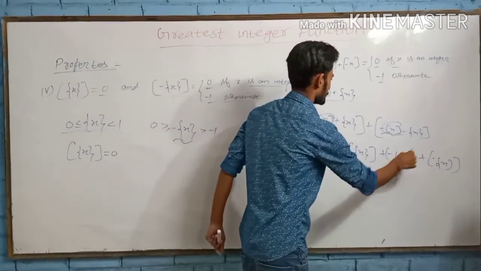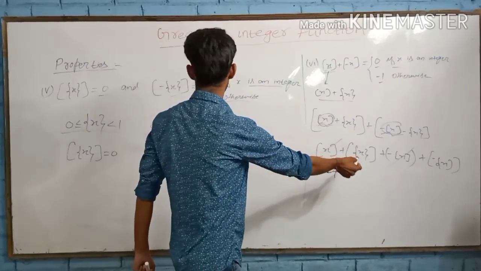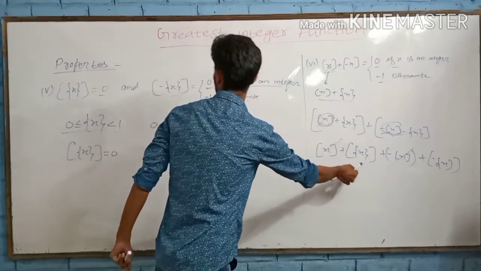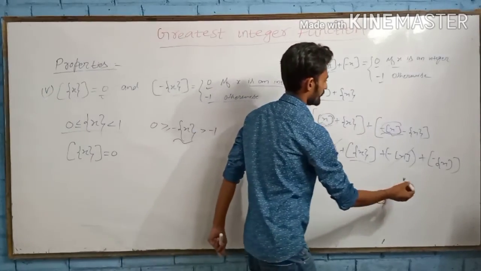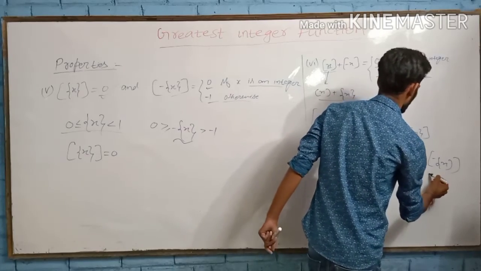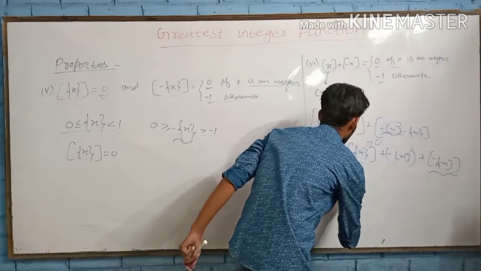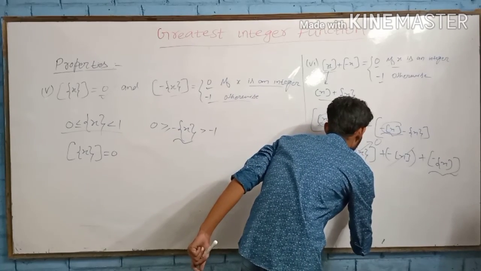Now this and this cancel, and as we discussed earlier, ⌊{x}⌋ is 0, so we are left with ⌊−{x}⌋.